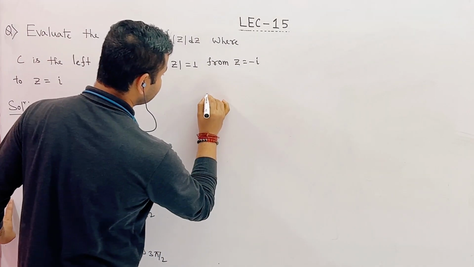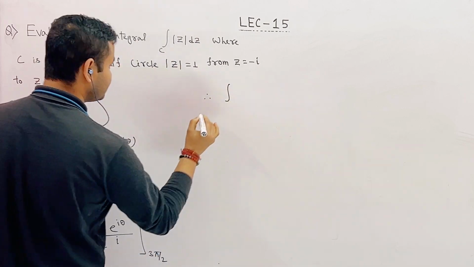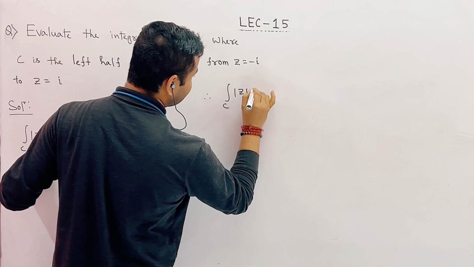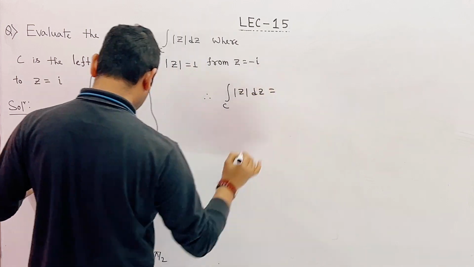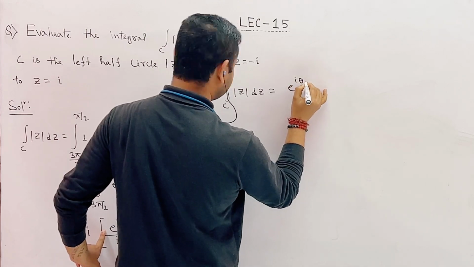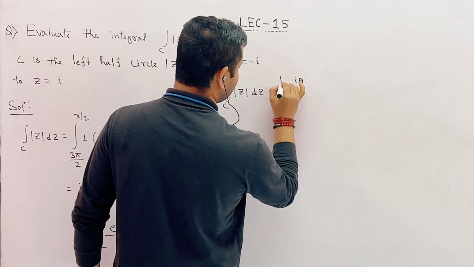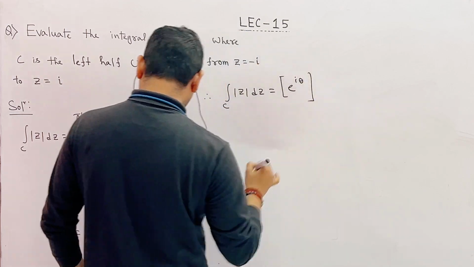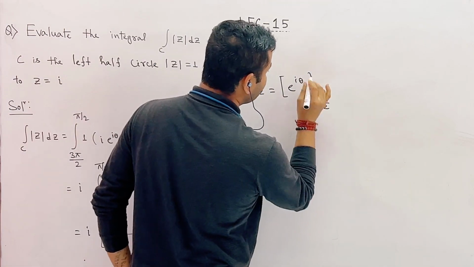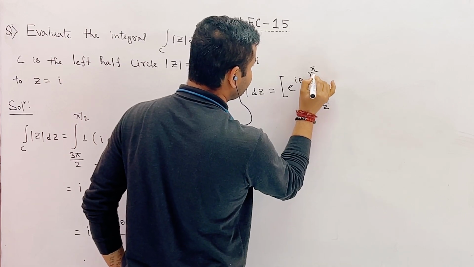So therefore, integration along part C modulus of z dz is equal to e to the power iota theta, limit is from 3 pi by 2 to pi by 2.